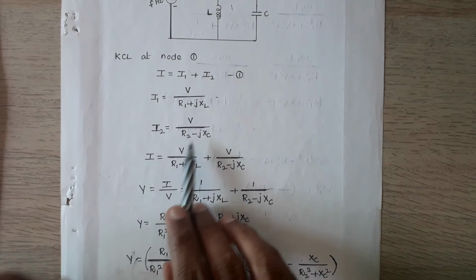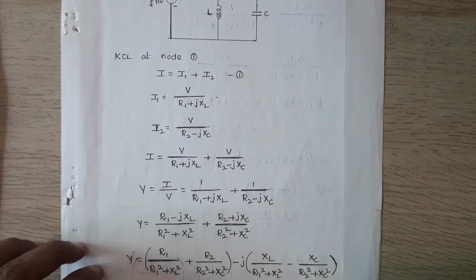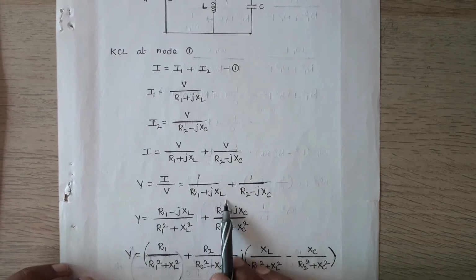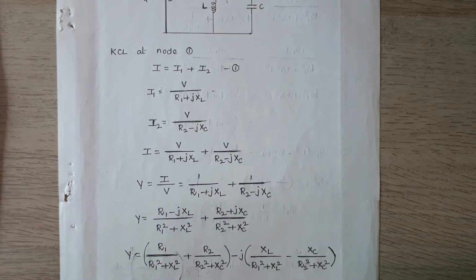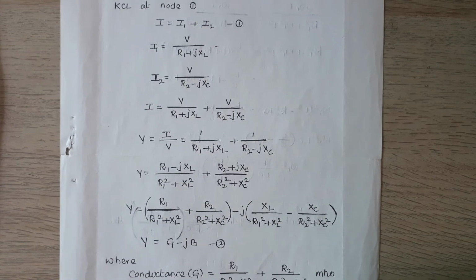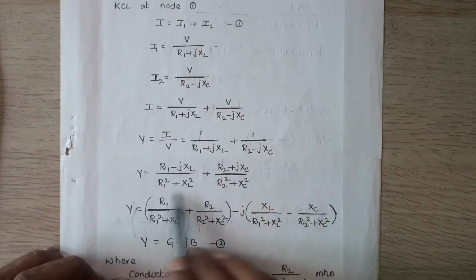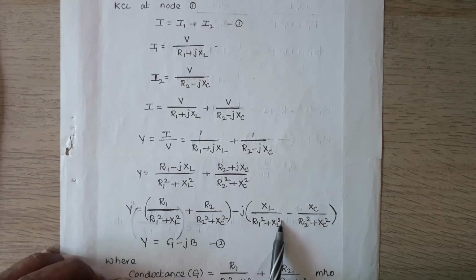Take V common and move it to the left-hand side, you get the I to V ratio, which is admittance. Here we have to get the admittance and make its susceptance 0. So you get 1 by (R1 plus jXL) plus 1 by (R2 minus jXC). Take rationalization to separate the real and imaginary terms. After rationalization you get this term and this term, and now you can separate the real term and the imaginary term.